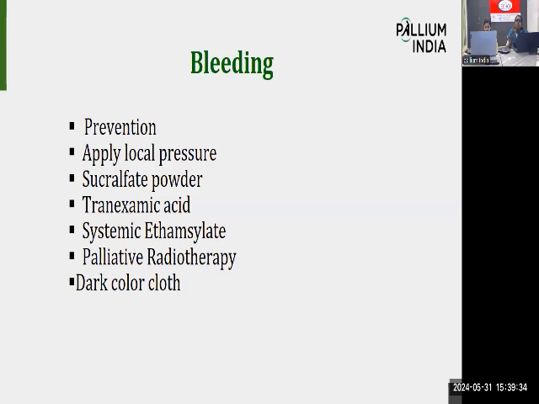If you wipe out the blood with white clothes, what happens? That leads to bright red color, and others will think, oh, this much blood loss. So that creates another problem. So better we prevent that kind of problem by using dark color clothes.